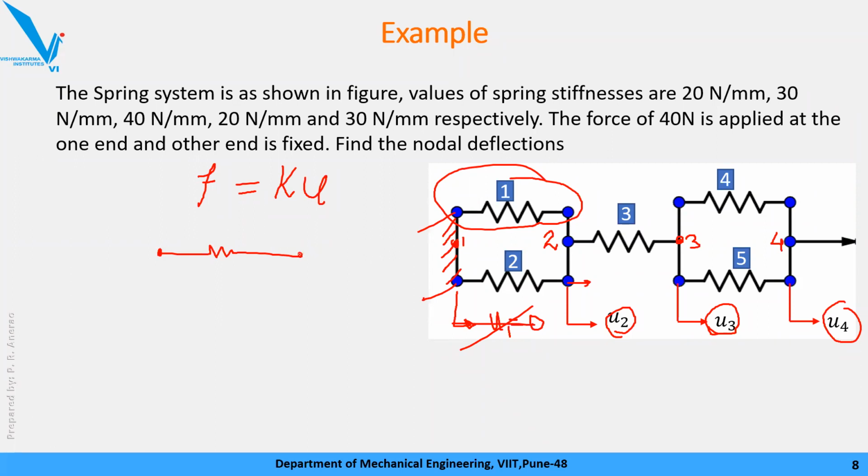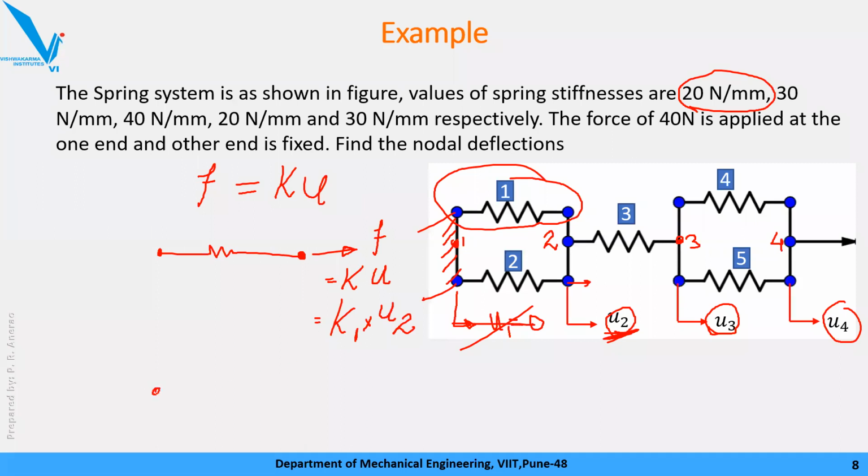The force acting here will be equal to stiffness value into displacement. So the stiffness value is K1, and the displacement is U2. We have displacement U2, but we don't know how much U2 is, and that is our aim, what we need to find out.